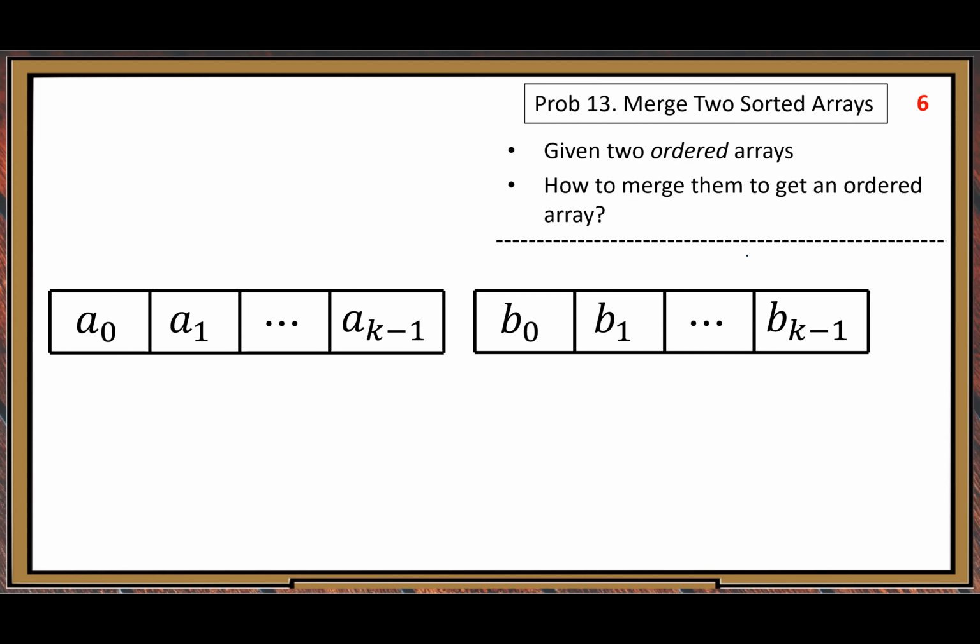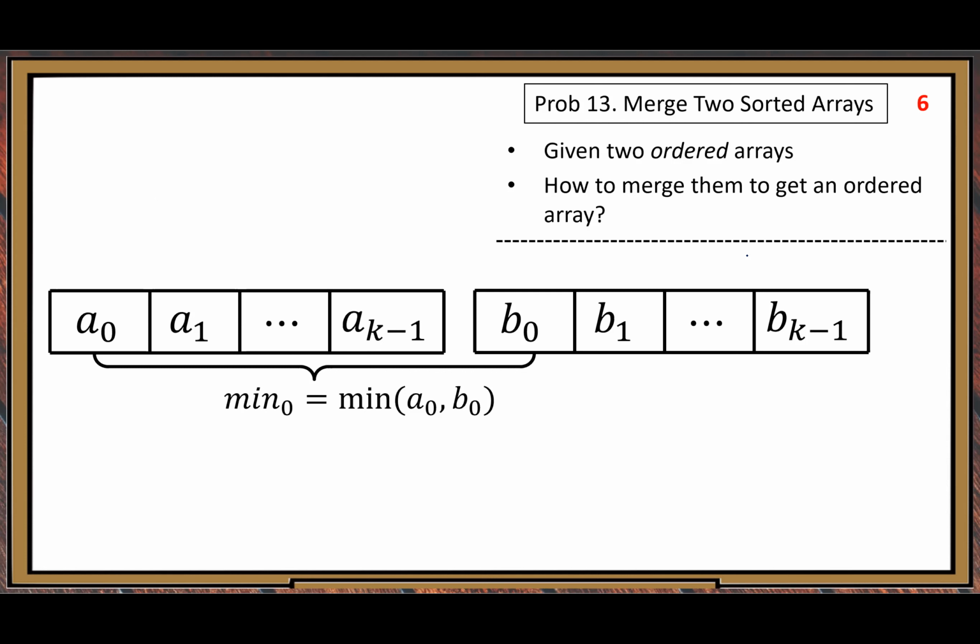So let's work on the comparison operations. How does it work? The first time we compare A0 and B0, the two smallest elements. That's the first comparison.